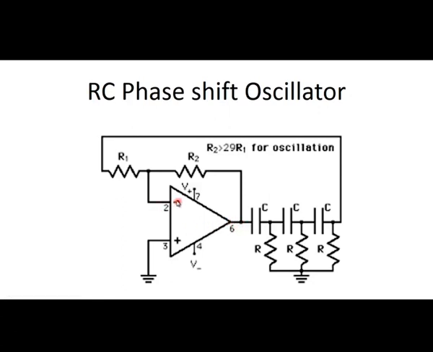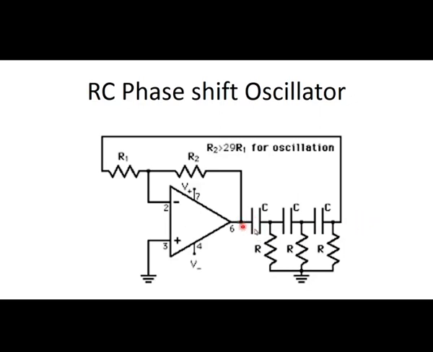Since the feedback signal is given to the negative terminal, the circuit is having 180 degree phase shift now. So, we have to produce another 180 degree phase shift, so that the entire phase shift will be equal to 360 degree or 0 degree to generate the sine wave output.